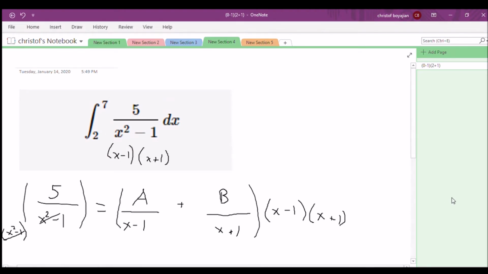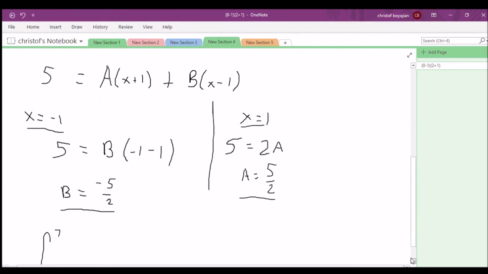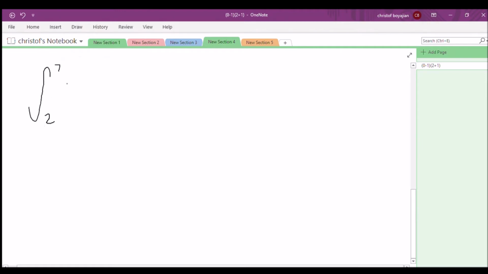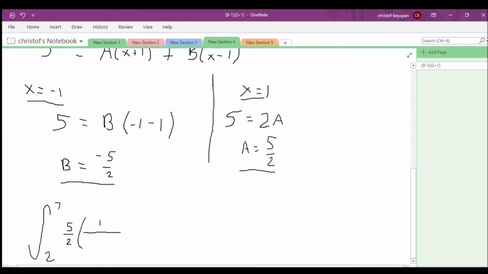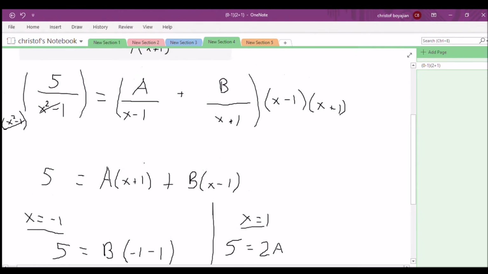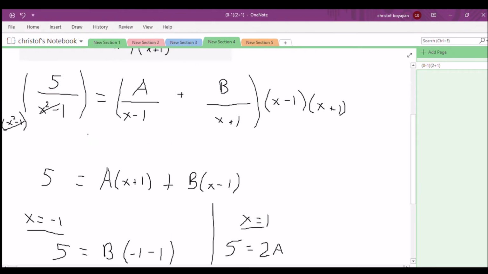Now a, we said, is 5 over 2. So I'm going to write 5 over 2. Now I hope you don't get thrown off if I just pull out 5 over 2 over here like this, because it can be treated as a constant. Remember, we said a and b are constants, so treating them as constants is actually something that we want to do for integrating.